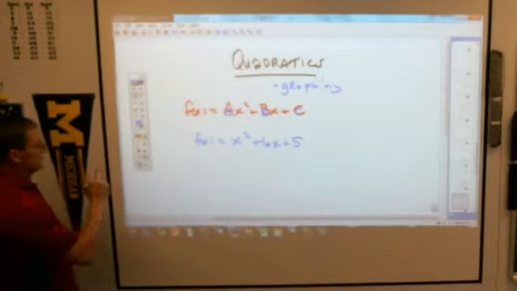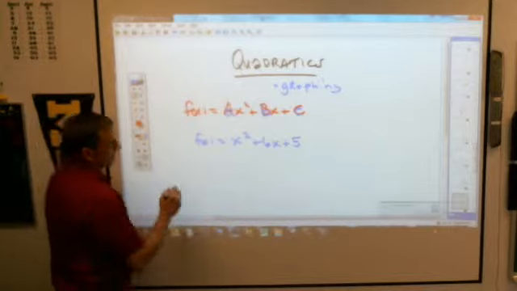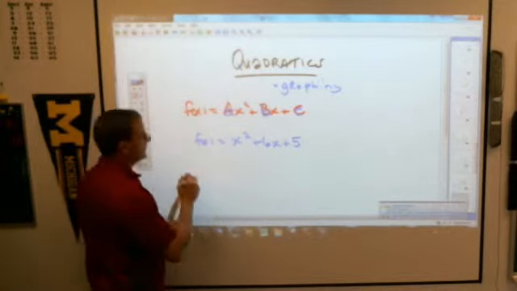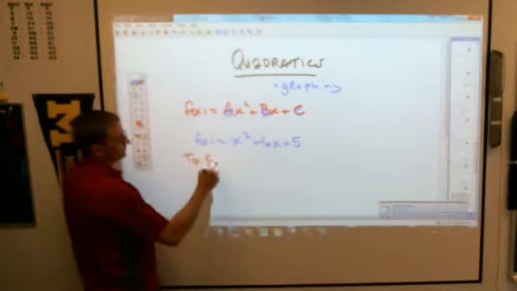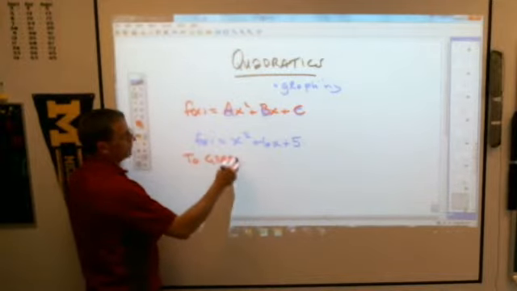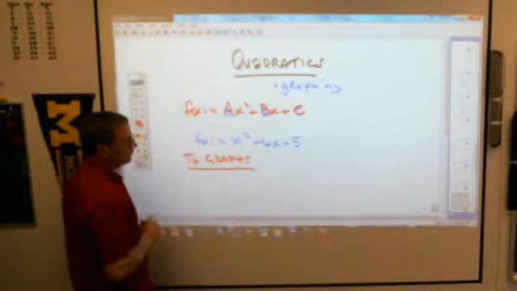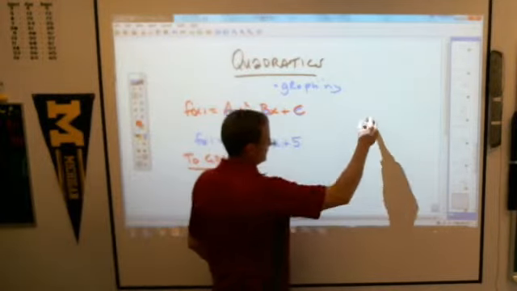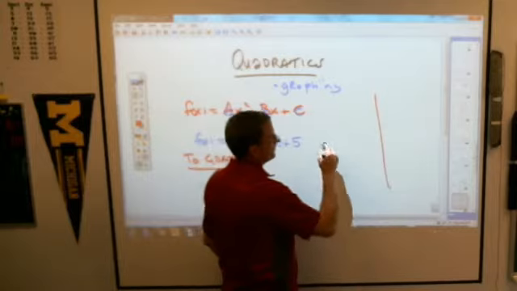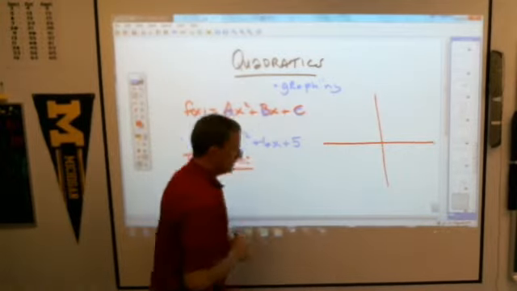If you are going to graph, and that's what we're kind of looking at here, here would be kind of the short yet exciting steps of that. The first thing you have to understand is all quadratics, when you graph them, are going to be parabolas.